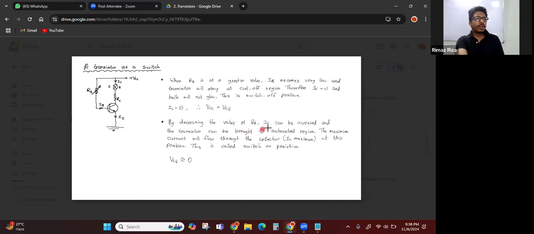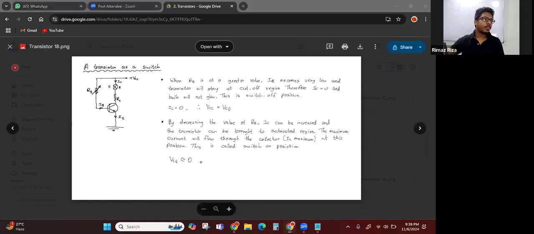By decreasing the value of RB, IB and IC can be increased and the transistor can be brought to the saturated region. The maximum current will flow through the collector at this position. This is called the switch on position. When switched on, VCE is approximately 0.